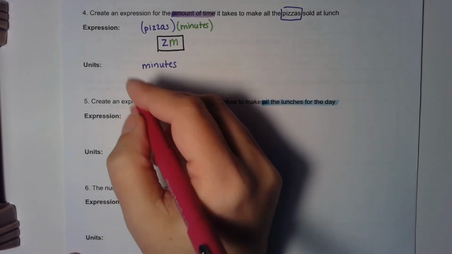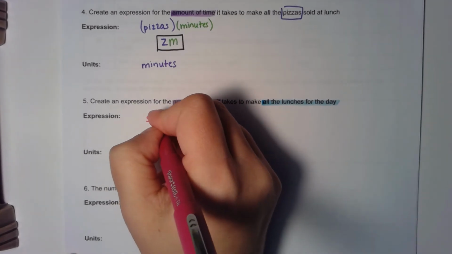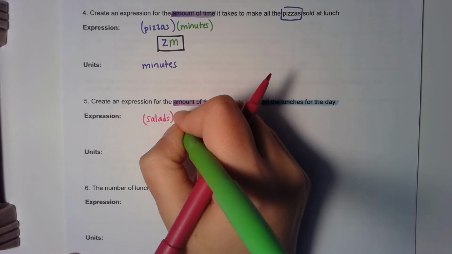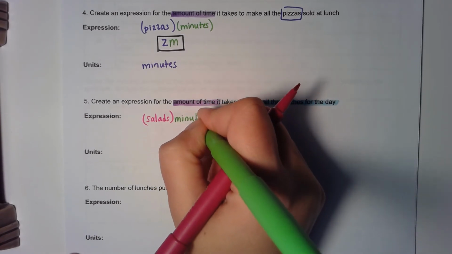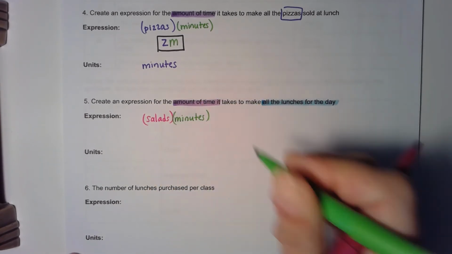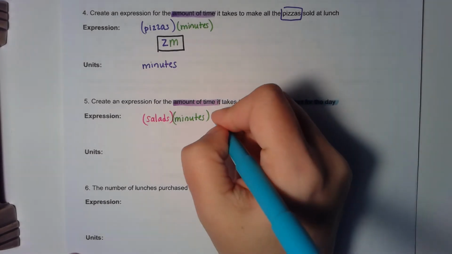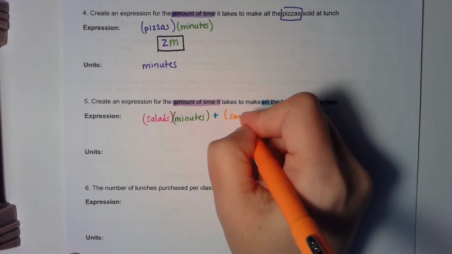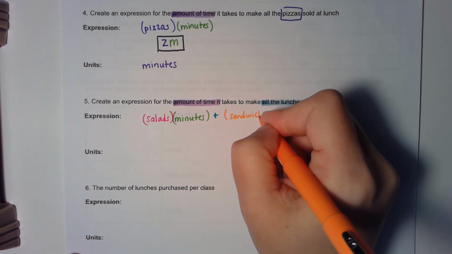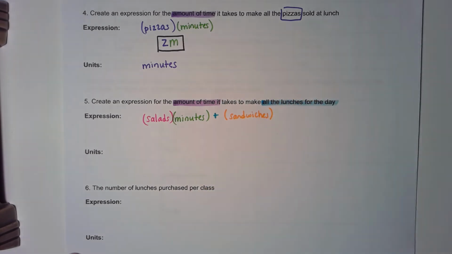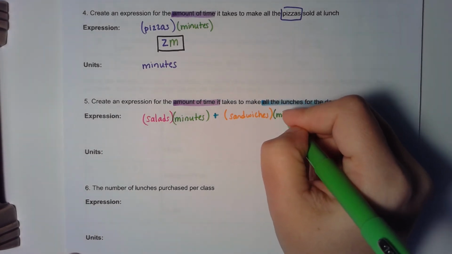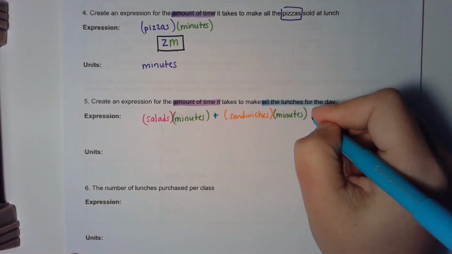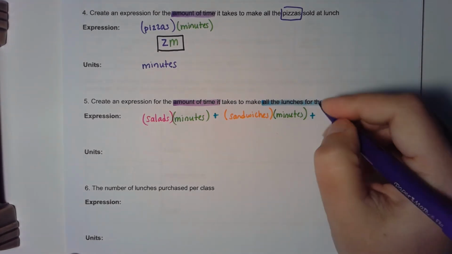So here I would do the salads times the minutes that it takes, plus the sandwiches times the minutes that it takes, plus the pizzas times the minutes that it takes.